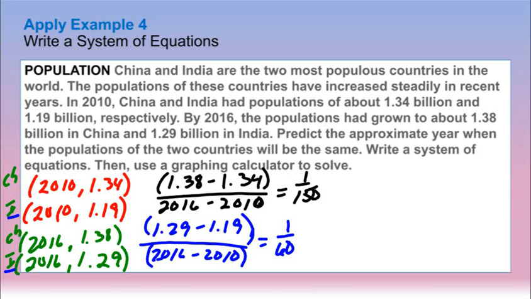So for China, we're going to have an equation of y equals 1 over 150 x plus 1.38, since they ended 2016 at 1.38. And then India's will be y equals 1 over 60 x plus 1.29, since in 2016 they had 1.29.